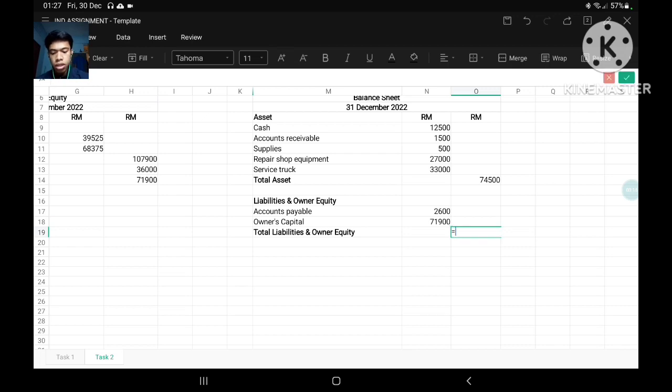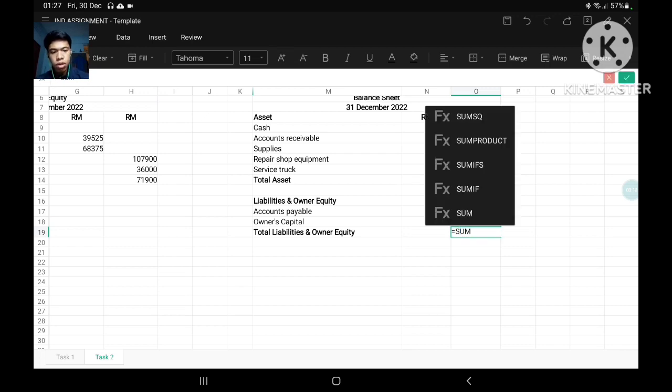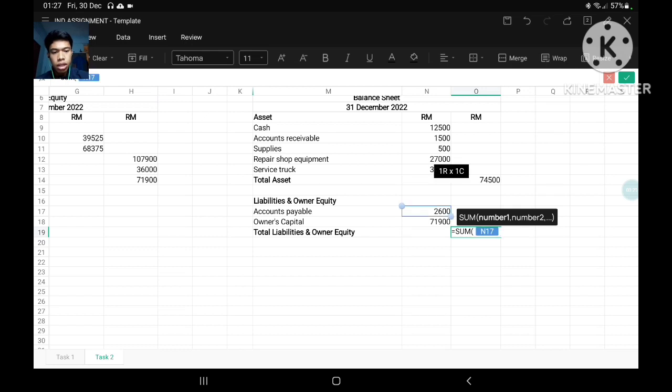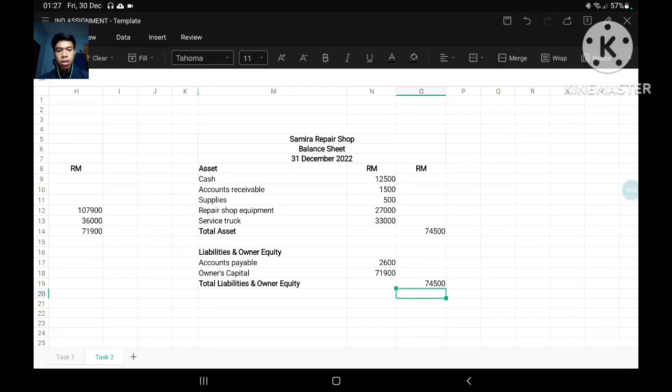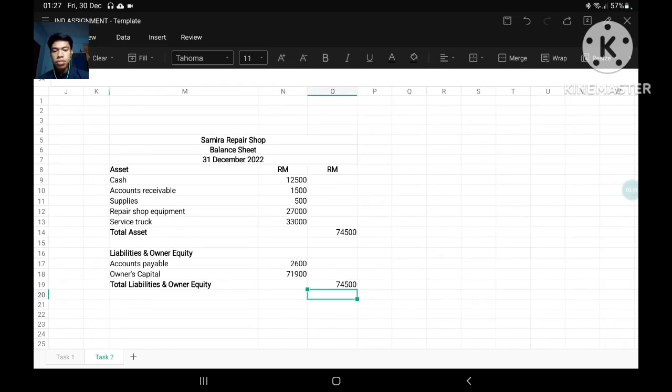Same, equal sum, open bracket and take all. You can see the total asset and total liabilities is same. Just do this.